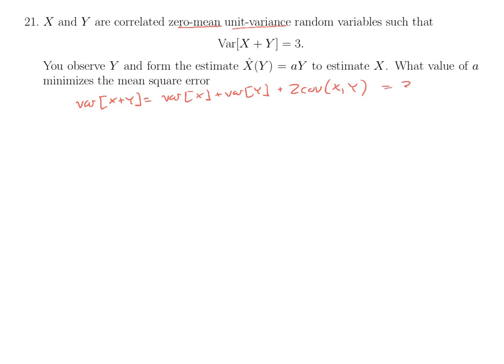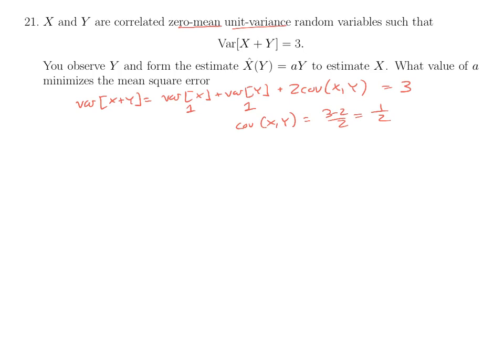And that number is equal to 3, right? But this is equal to 1, and this is 1. So the covariance of x and y has to be equal to 3 minus 2 over 2. It's a half. All right, so that's good.